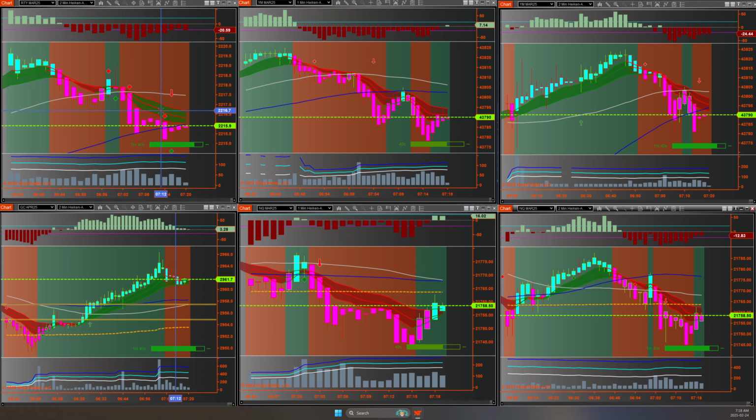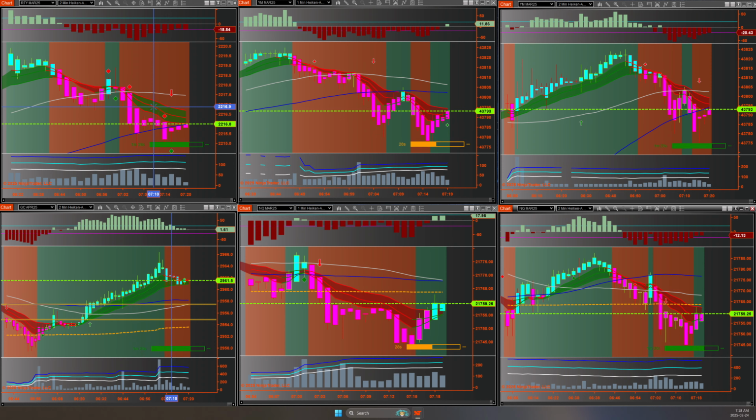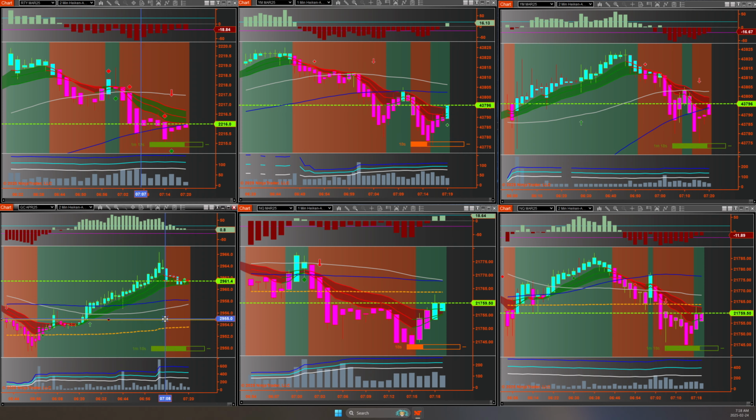Yeah, so the cloud's green here, even though it's down. That's just a glitch. The code's got some glitch in it. I've been working on it, but kind of just threw it together the last couple days. I put a lot of time into it, but there's still some things to work through.